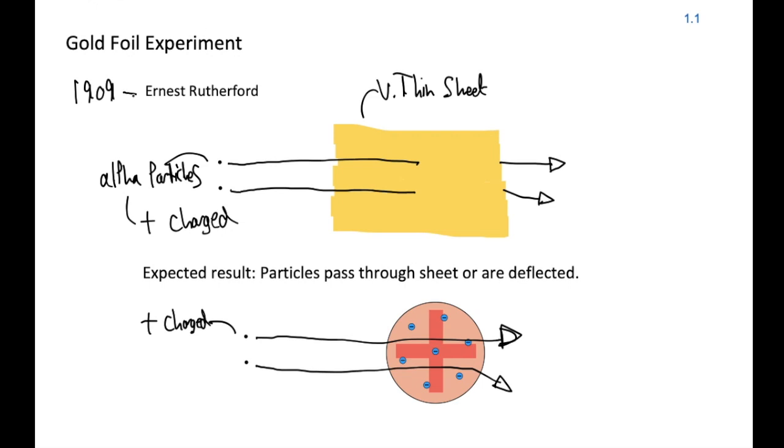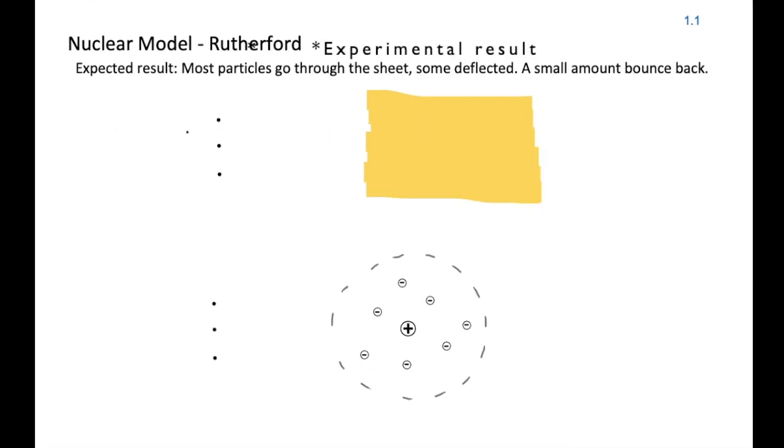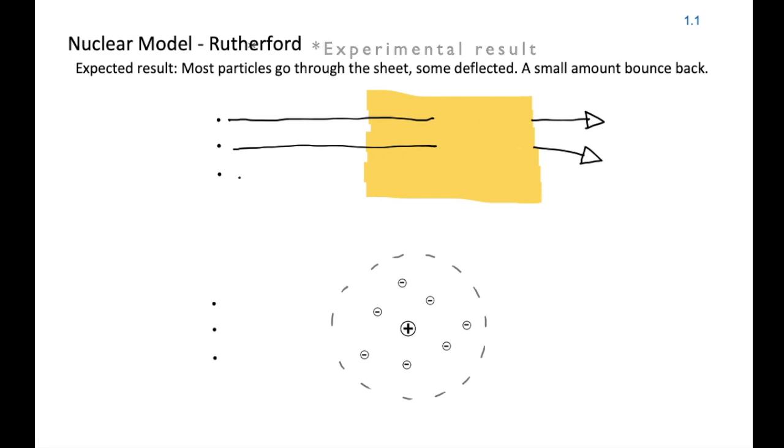Now, for the most part, this is exactly what happened. Most of the particles did actually pass straight through the sheet, with a small number of them being deflected. So Rutherford was mostly correct in his predictions, but what he didn't expect, and what totally shocked him, was an even smaller number of these particles actually bounced back away from the gold foil sheet towards where they'd been fired from.